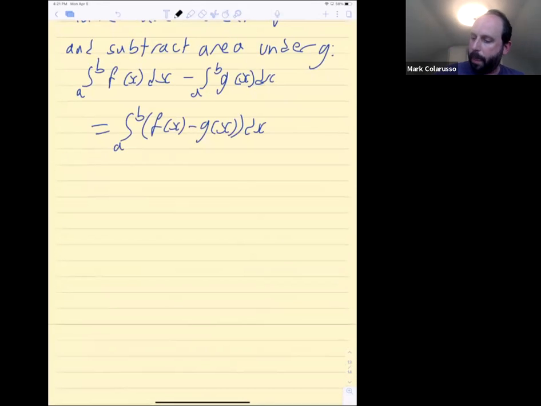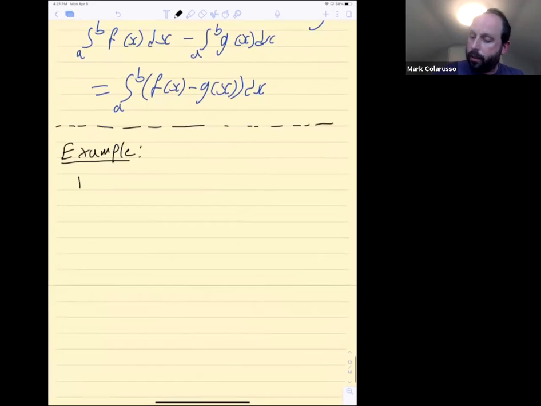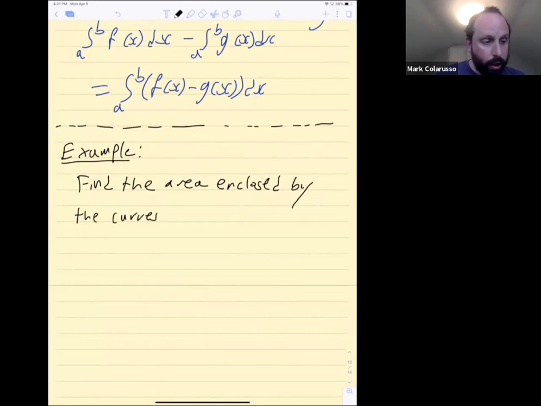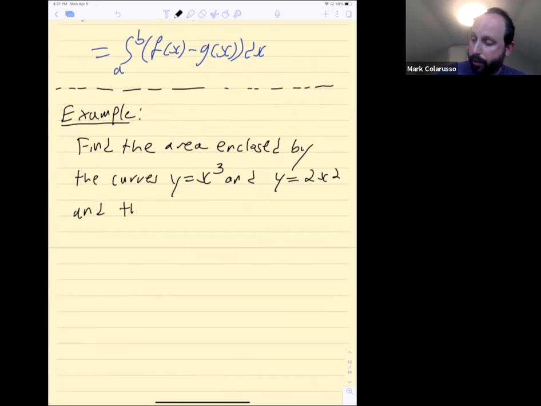So let's see here. Example. Find the area enclosed by the curves y equals x cubed and y equals 2x squared, and the points where they intersect.